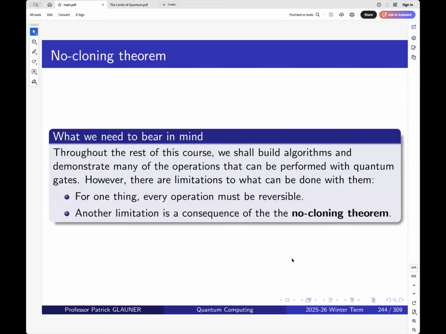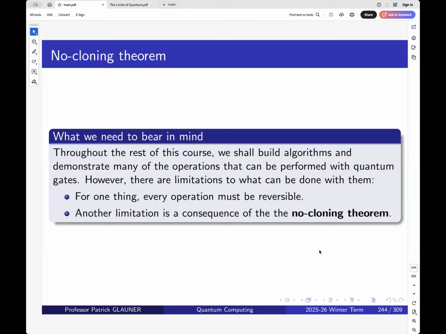In a classic algorithm, so what you have done for the last few years, you may copy a variable quite often. You copy a variable, then you manipulate the copy and so forth. All of this is very helpful, but in a quantum algorithm, that's not possible.